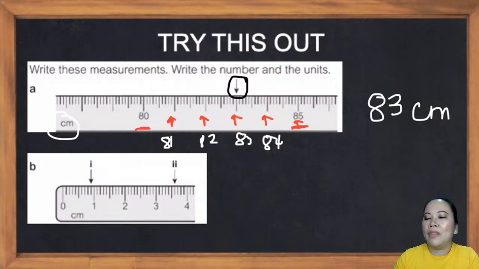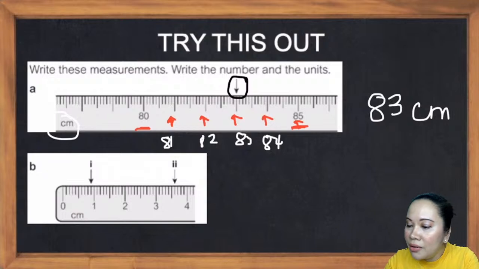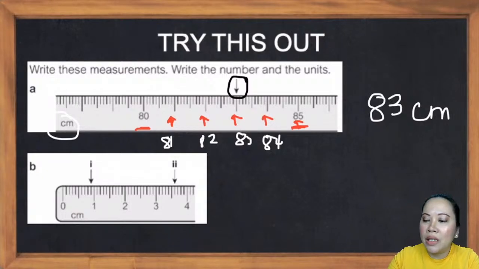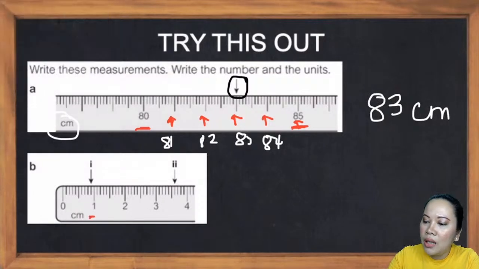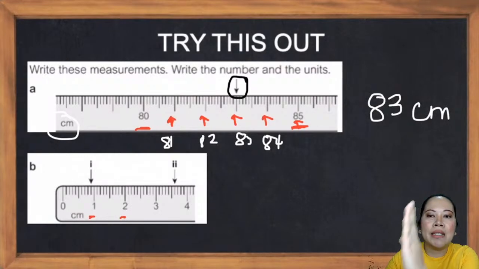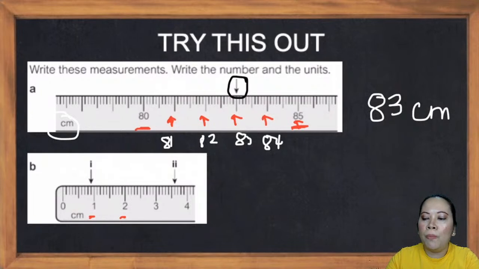Okay, and then the next one, the same thing we did with the previous number. First, you have to identify what numbers are given. That's a 1, and that's a 2. And there is a value in the middle. First, you have to identify how many lines there are in between 1 and 2. 2 minus 1, the difference here is 1.